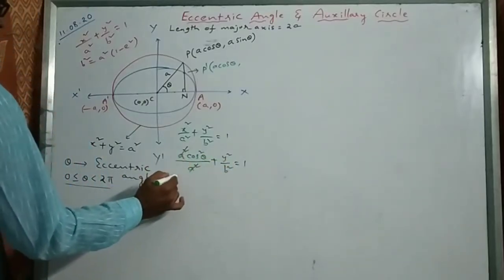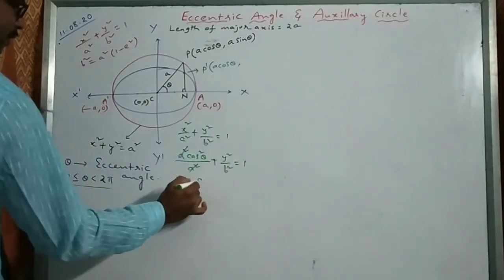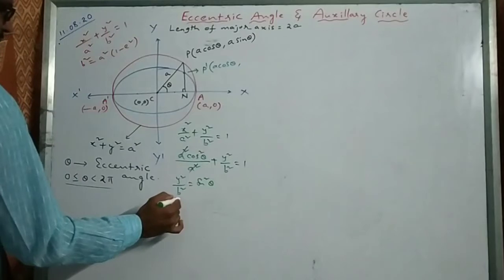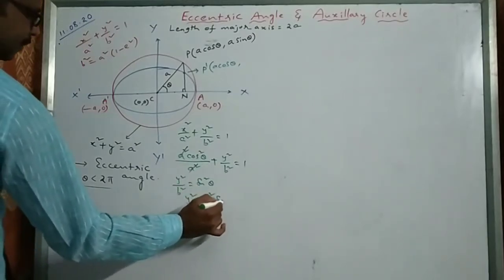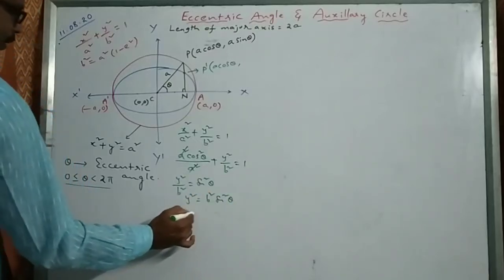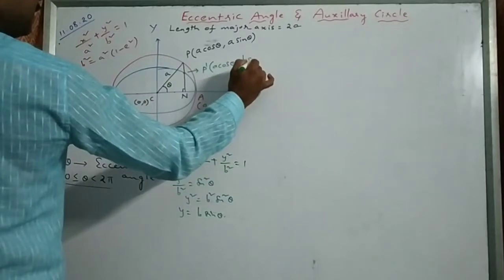So a square cancel. Y square by b square equal to 1 minus cos square theta, which is the identity sin square theta. So y square equal to b square sin square theta, cross multiply. Then y equal to what will you get? B sin theta.